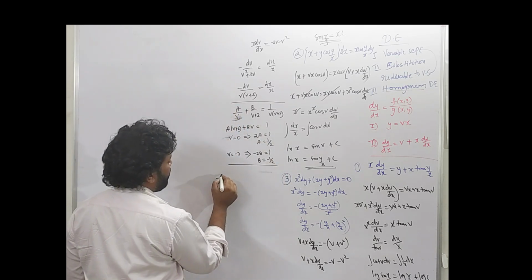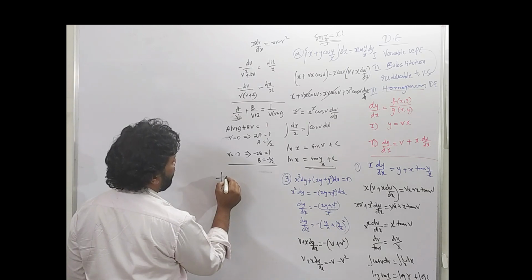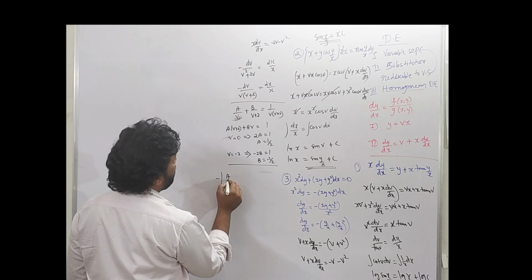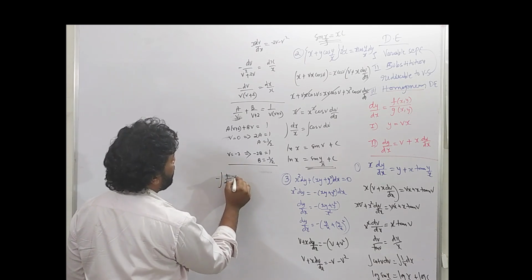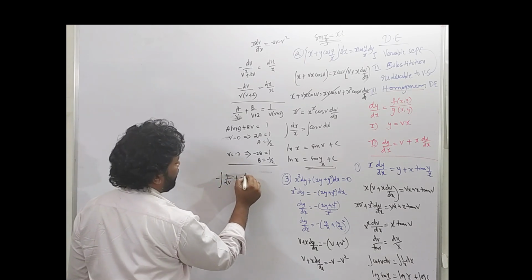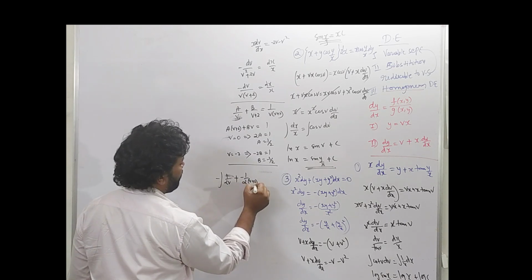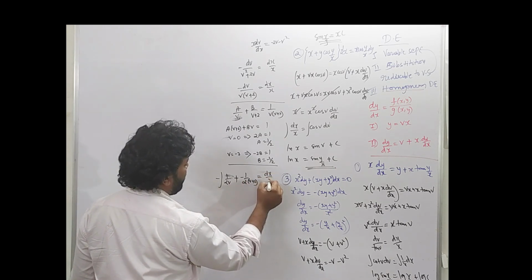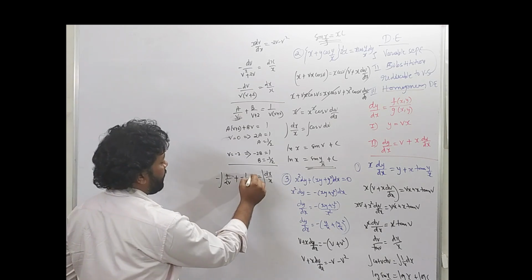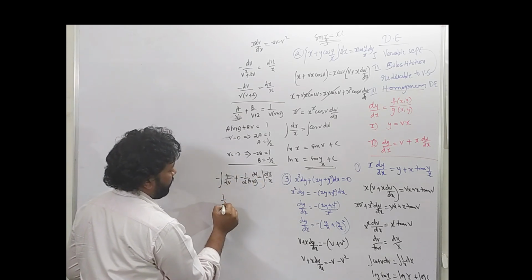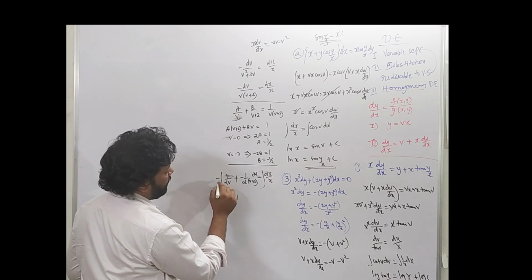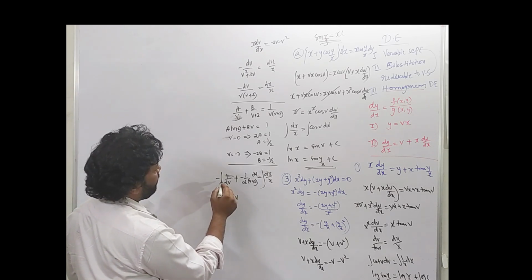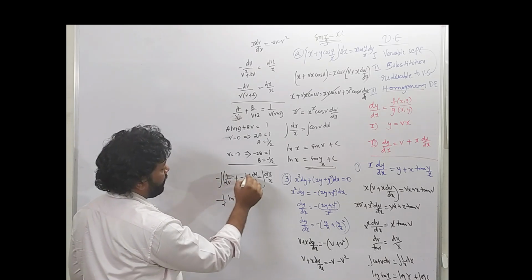So the integration dv gets separated out: a upon v, and a is 1 by 2, so 1 by 2v, plus b, minus 1 by 2(v plus 2), is equal to dx by x. Let's integrate in terms of dv. So half v becomes ln v, then the minus was there for the complete term, right?